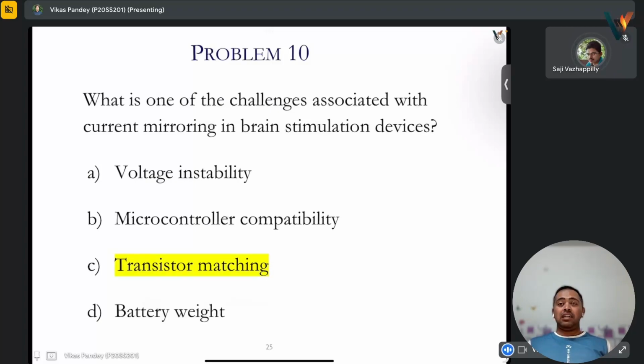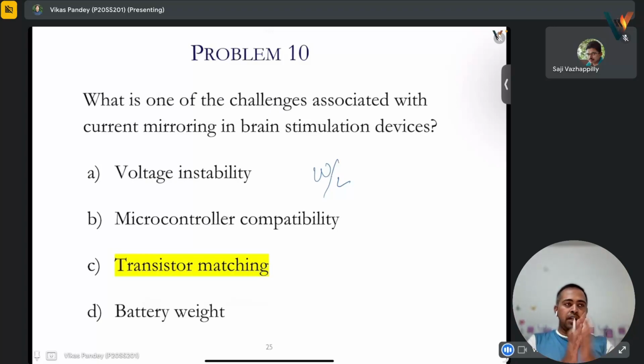Because whatever you try, there will be some differences in transistors. You must be aware about the W by L ratio, the emitter and collector current will be different. Earlier we were talking about emitter and collector, now source and drain we can say, right?